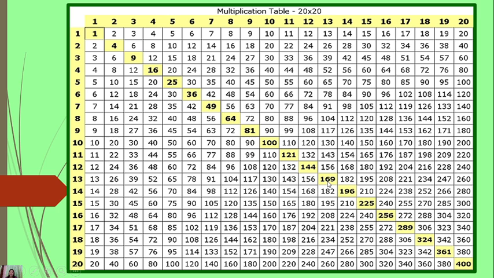Next, we have 13, and 13 times 13 is 169, 196, 225, and so on. You can have another table.